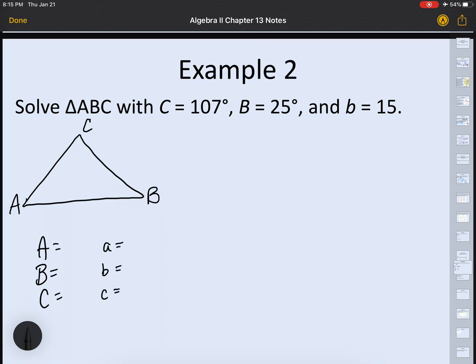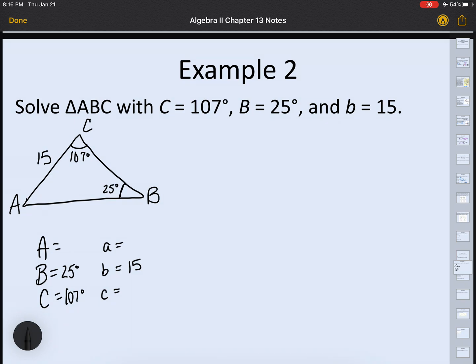But they told us angle C is 107 degrees. Angle B is 25 degrees. So let's put those in. And then side length b is 15. So across from angle B is side b. And we're supposed to solve the whole thing.